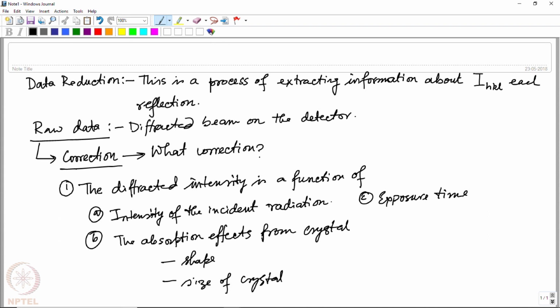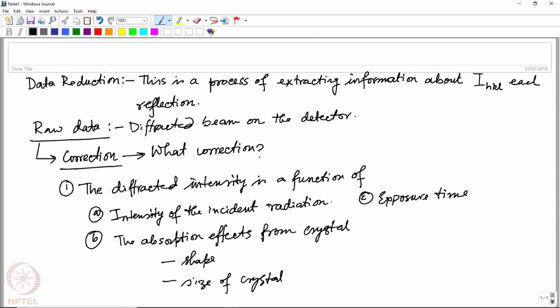And mind you, it is possible to collect data on one crystal with different exposure times for different 2 theta positions of the detector, because if you want to record high resolution X-ray data, you may have to move the detector to a very high angle, maybe 40, 50, 70, 80, 90 degrees in 2 theta, to record data up to 110, 120 degrees in 2 theta.